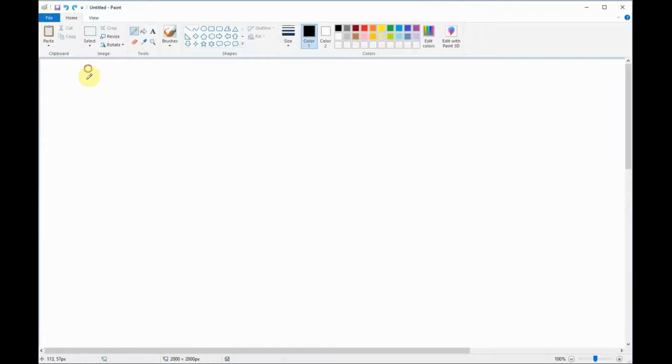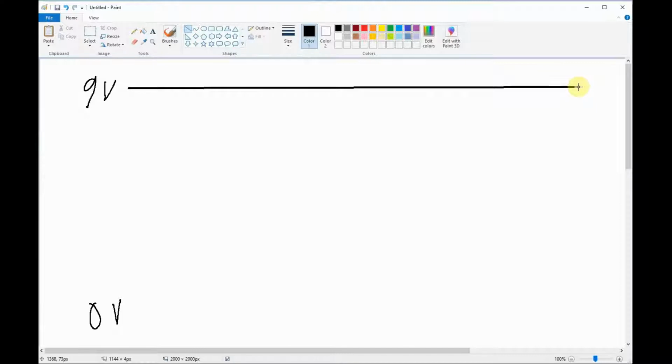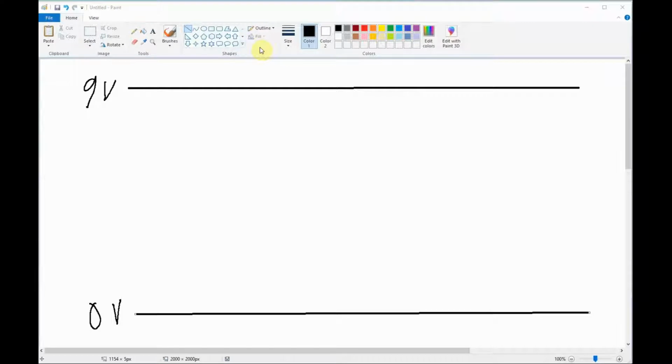You've got like 9 volts, let's say. You got 0 volts. And that's all the space you have to work with. Like, here's your ceiling there. You got 0 volts here. And so in between it, you've got your input and output.